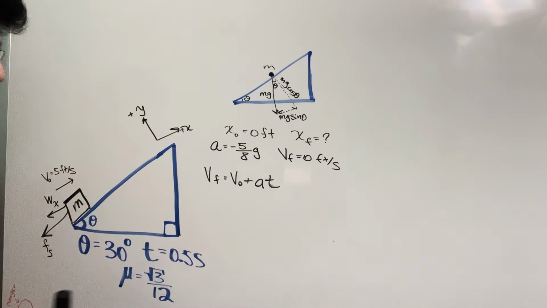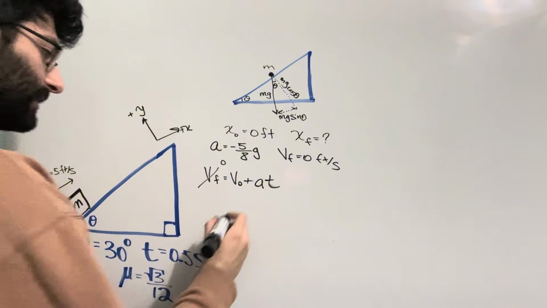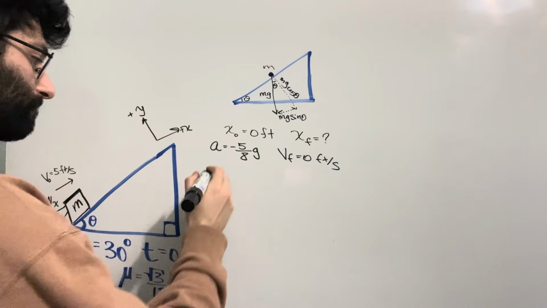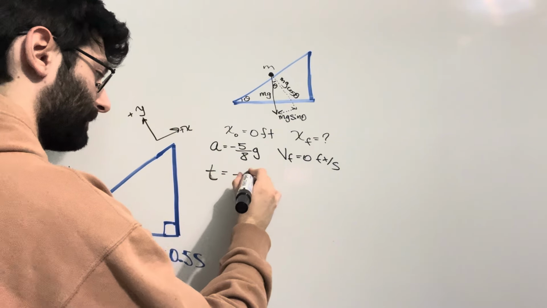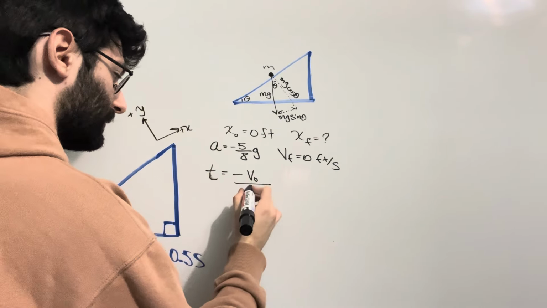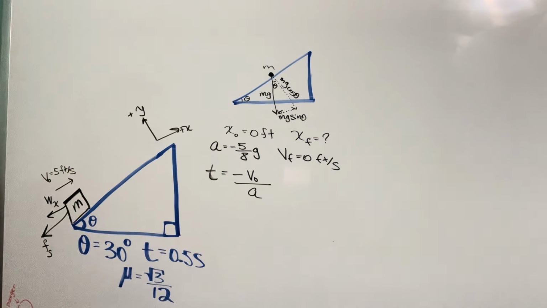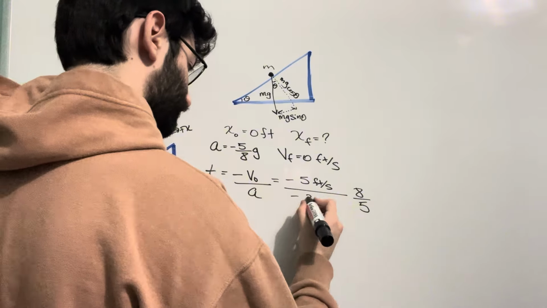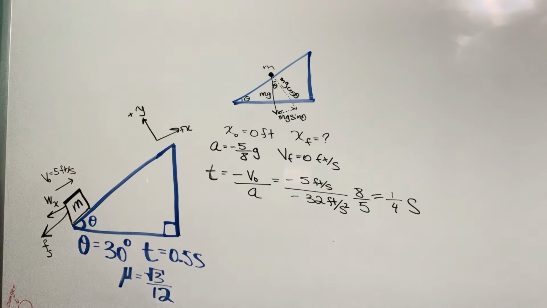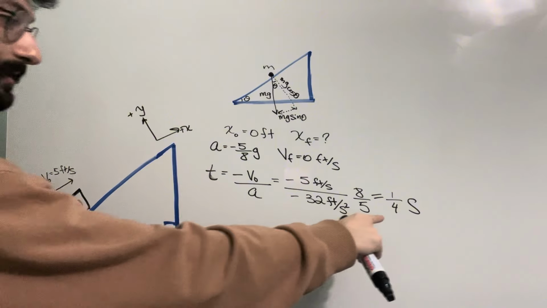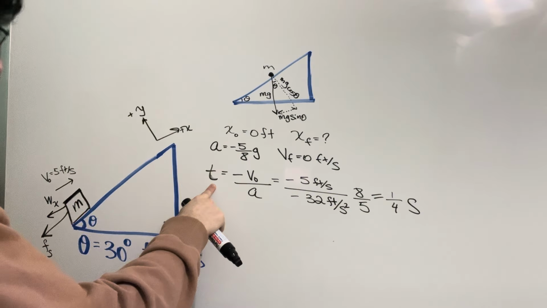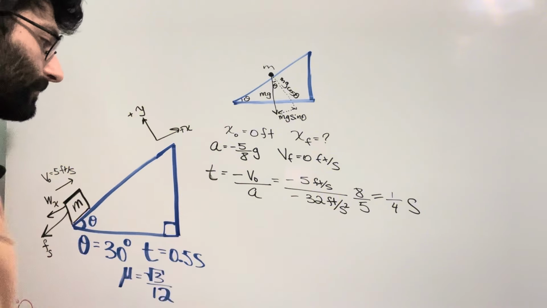Solving for time, with our final velocity being 0, we get that time is equal to minus our initial velocity over our acceleration, which gives us a total time elapsed of 1/4 of a second. So now we know the time it takes for the velocity of the block to reach 0.